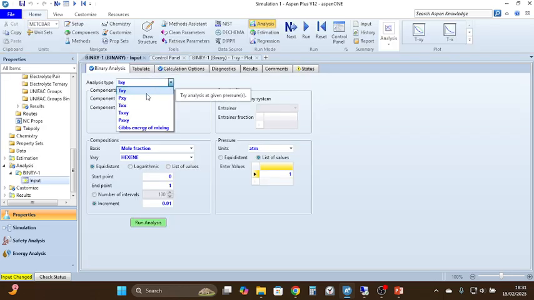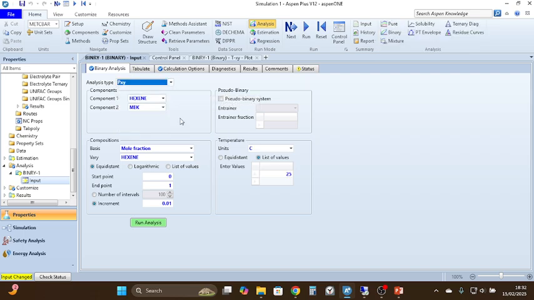The other plot that we can generate is the PXY plot. Now in the PXY plot, the situation remains the same. The only thing that changes is that over there we had specified the pressure of the system. Over here we are going to specify the temperature at which we are going to generate the PXY curve. So over here the PXY curve temperature is given as 25.